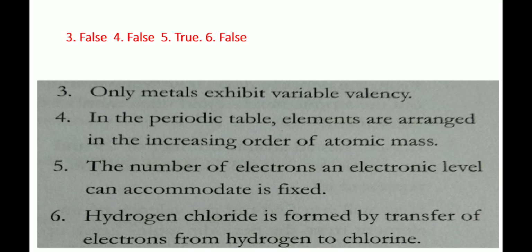This statement is true. Now the sixth one, hydrogen chloride is formed by transfer of electrons from hydrogen to chlorine. This is false. The correct statement is hydrogen chloride is formed by the sharing of electrons between hydrogen and chlorine.